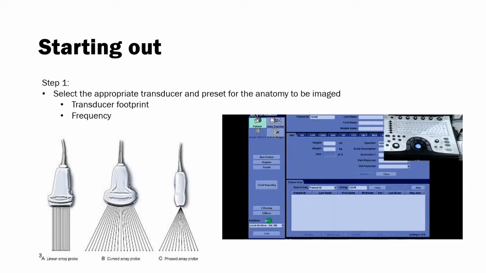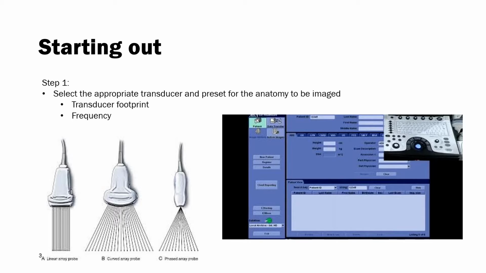So one of the first things you'll think about, for instance, if you're going to be doing a FAST exam and you're going to be running through the patient very quickly, you notice your patient is large, you'd probably want to start with either your curvilinear or your sector transducer. Most systems will require you to select a transducer and then select a preset based off of which transducer you're using.